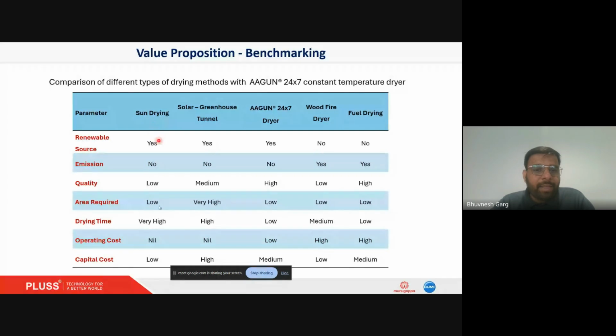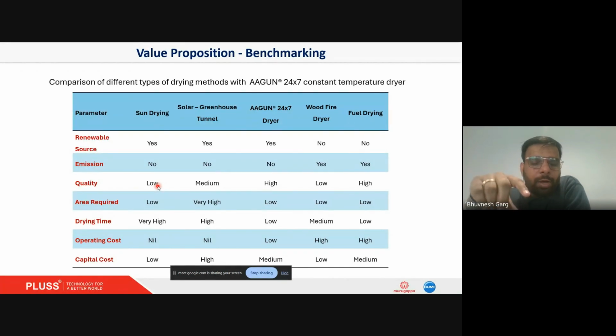In sun drying, there is a very low quality of food drying. Why is it? Because it is direct sun radiation which is falling on your food product. So it is degrading your food in terms of its color, texture, and also the nutrients. If you dry it in open sun, the tomato color turns blackish, dark red and blackish.